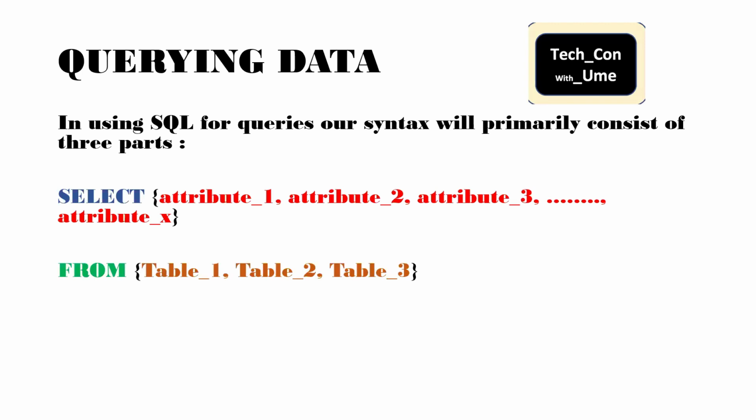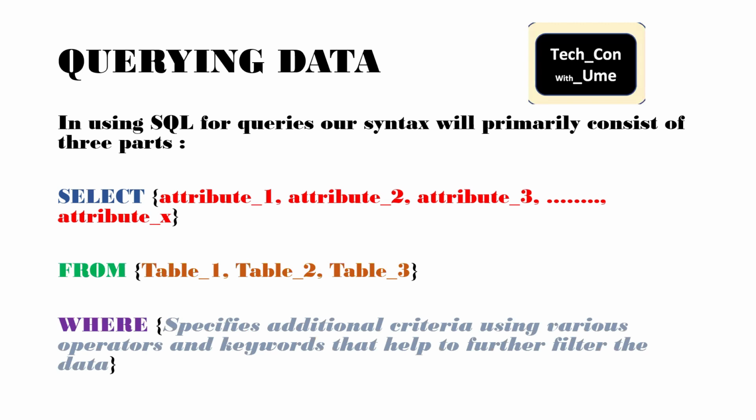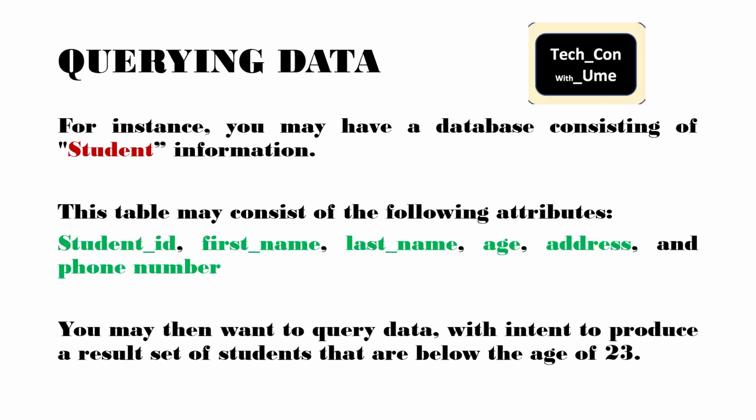The from keyword is used to list the table where our data or attributes are going to be elicited from. So it could be one table or could be multiple tables. And then our where clause specifies additional criteria using various operators and keywords that help to further filter data.